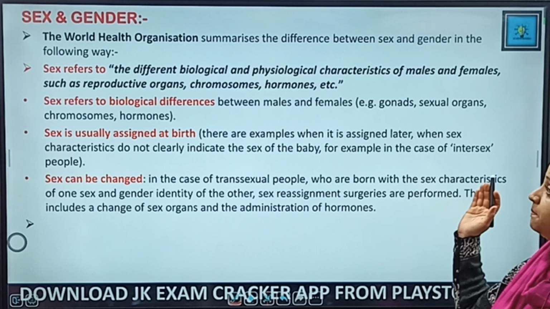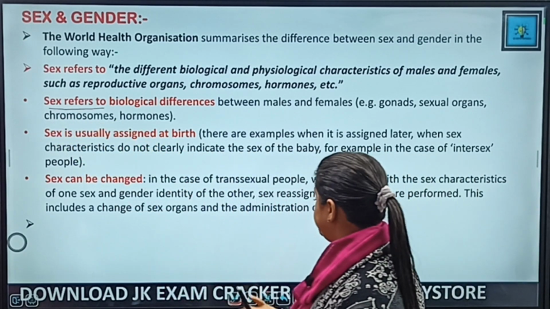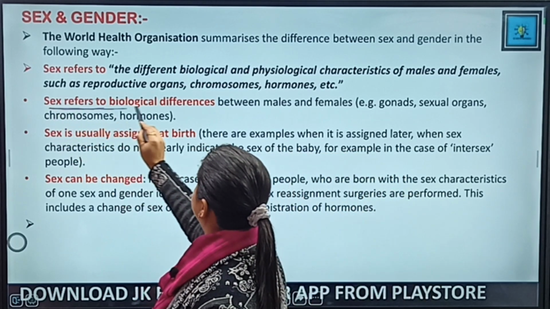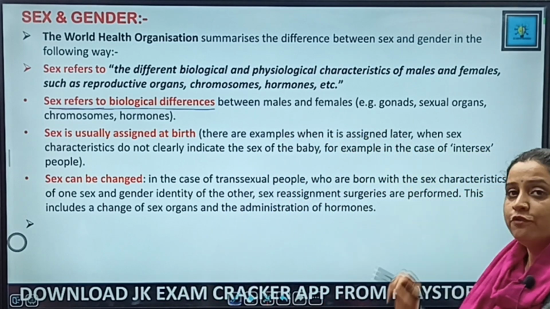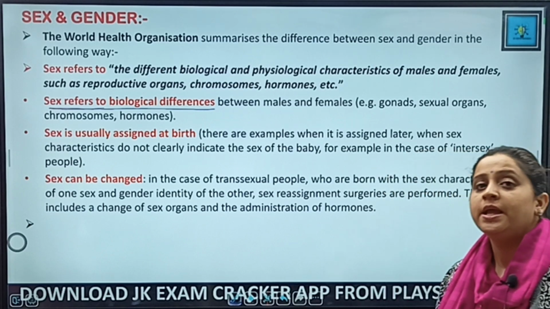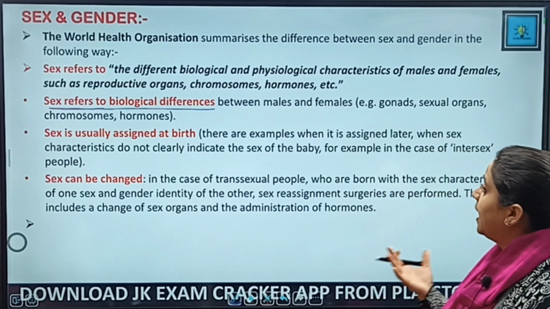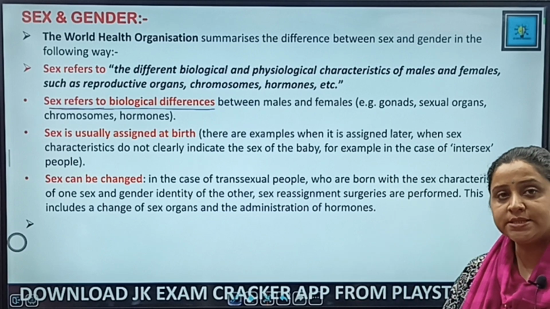Sex refers to the biological differences between males and females. For example, males have different sexual organs, they have different features, the hormones they possess are different as compared to the females. Sex is usually assigned at birth.